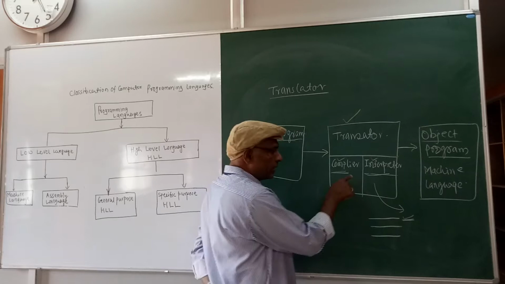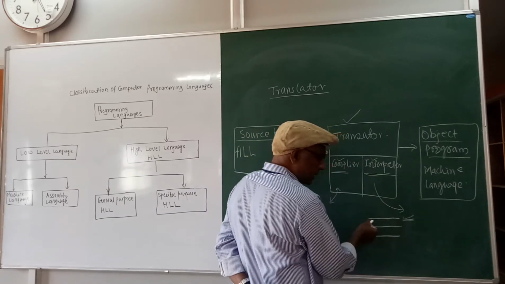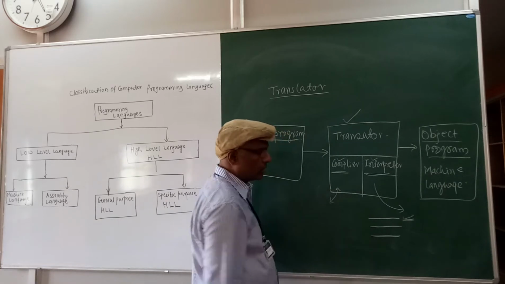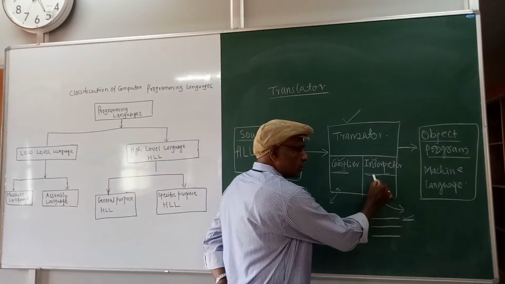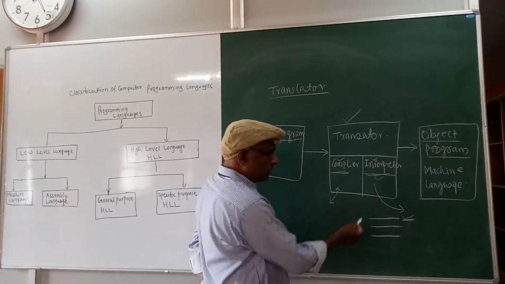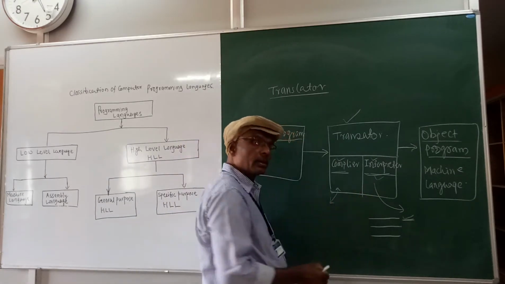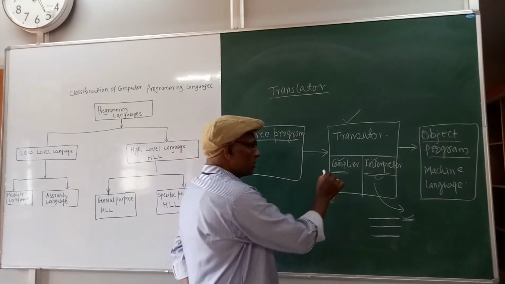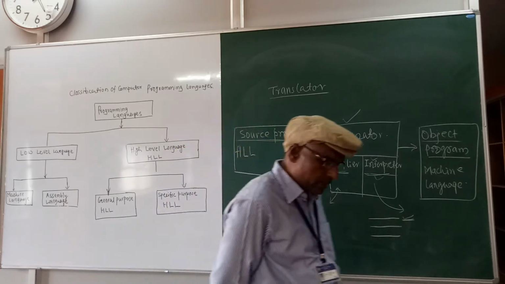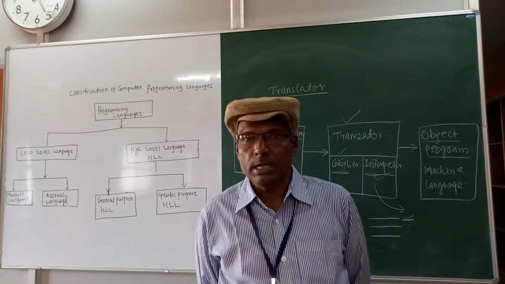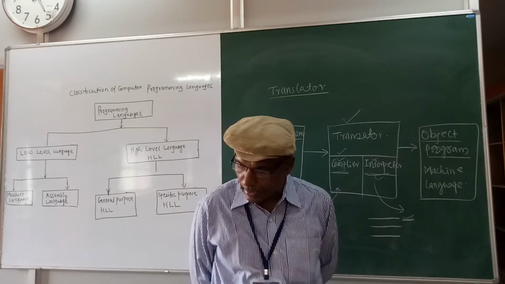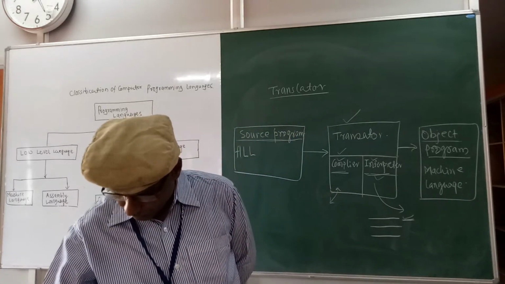It will be displayed on the monitor if there is an error in a particular line number, and so on. This interpreter was earlier used in the BASIC language, and it is slow, it is cheaper. So keep in mind, in C language we are using Turbo C, a compiler.